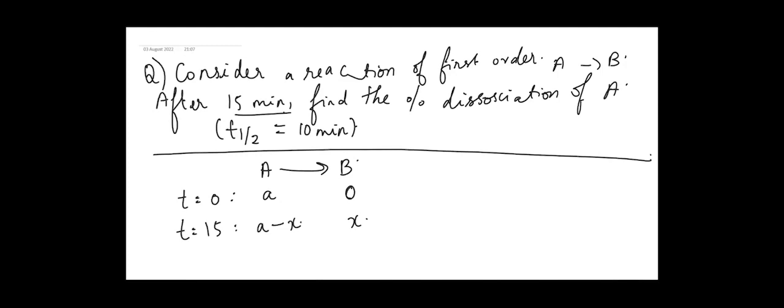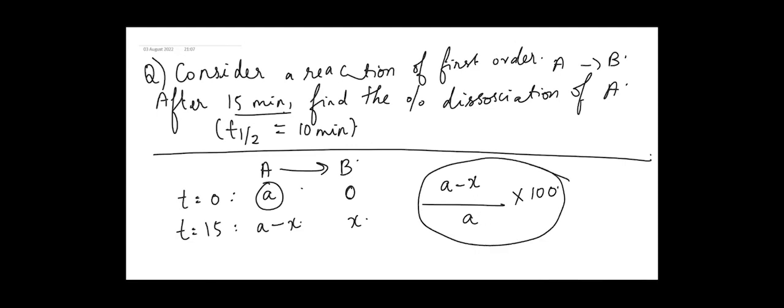Now the percentage dissociation is defined as the difference in the number of moles of the reactant divided by the initial moles of the reactant, which is a, times 100. This is what we are asked to find. But here we can relate only to the concentration, while this relation contains terms indicating the number of moles.